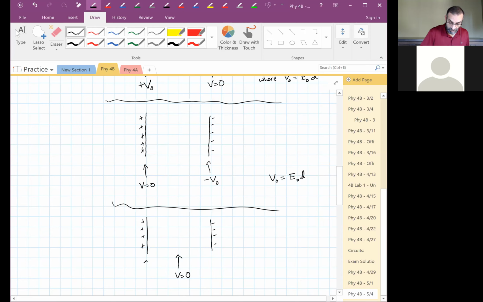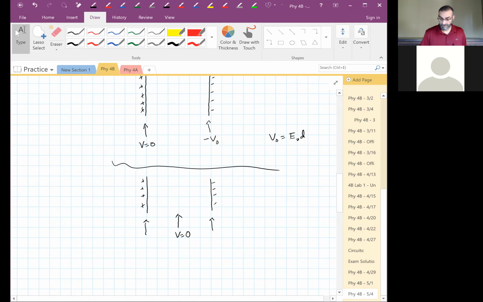Then what's the positive plate? What's the negative plate? Okay, plus V naught over 2, minus V naught over 2, right?